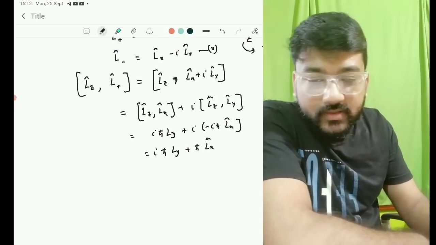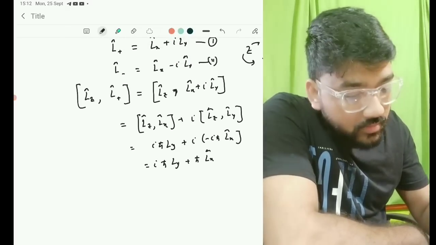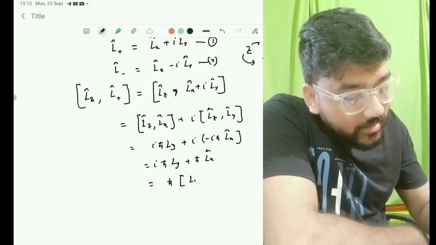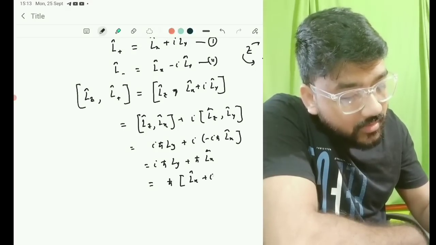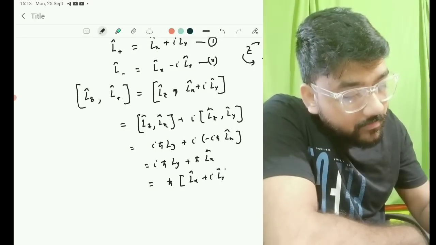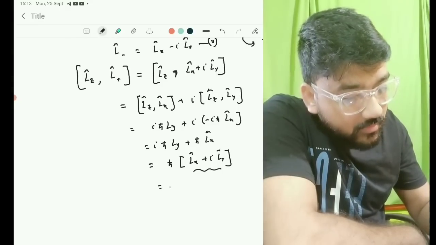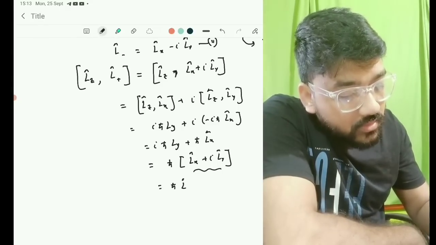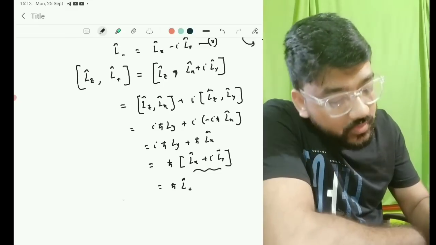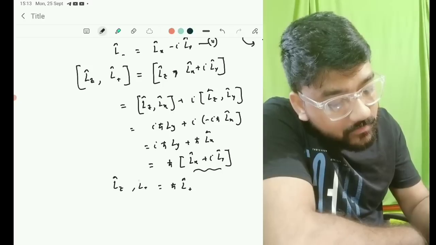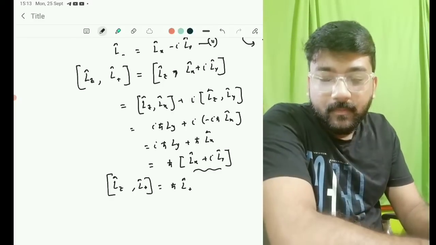If you take h cross common, it will be Lx cap plus i into Ly cap, and you can see this is again L plus. So Lz with L plus gives you h cross L plus.